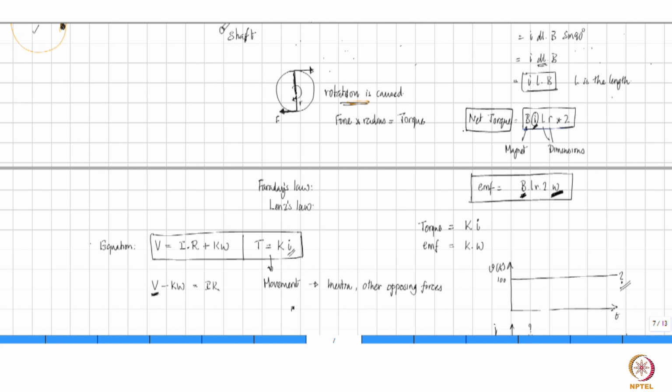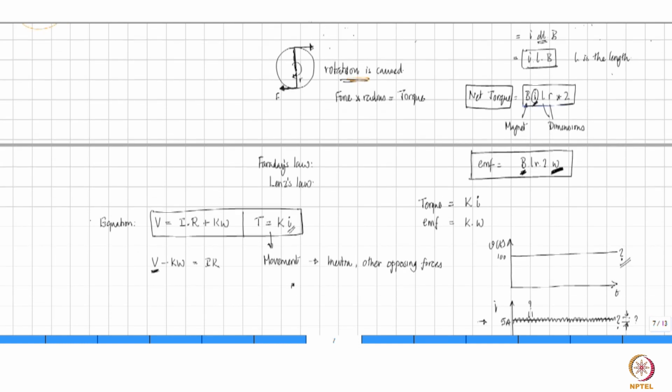You can still go for higher values of speed. And therefore, if you do want to go for higher values of speed, then the only way is looking at this equation. The only way you can do it is by reducing the level of magnetic field, because you cannot violate the condition that the machine can withstand only so much voltage, right?